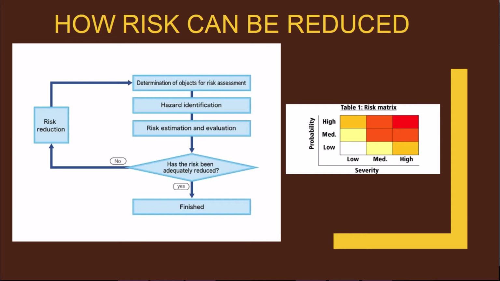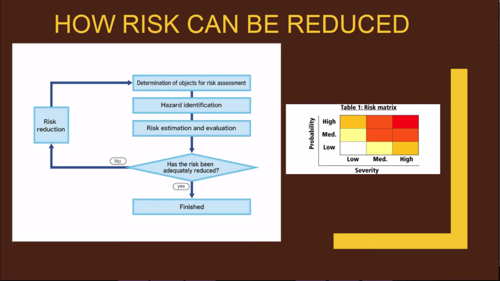Then we go for risk estimation and evaluation. Here we simulate the models, or we think about the end results after any hazard or failure or accident occurs. Then we have a decision statement. We have the question, has the risk been adequately reduced?